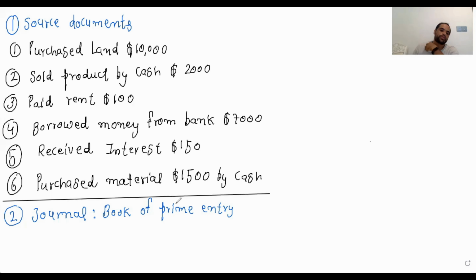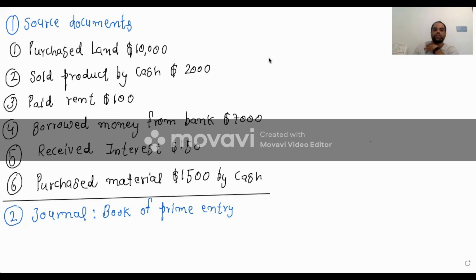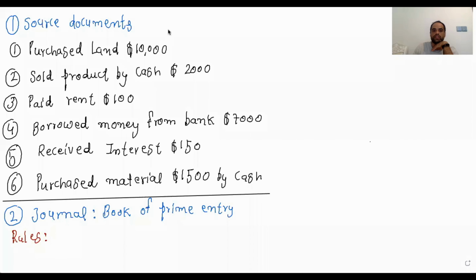So we have some rules, or you can call them principles. You need to know these rules and principles in relation to journals.